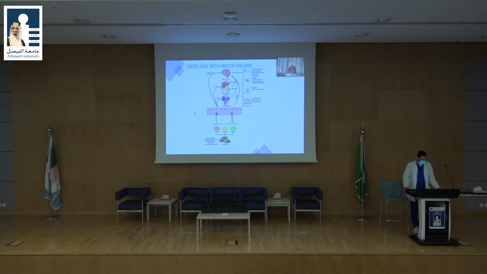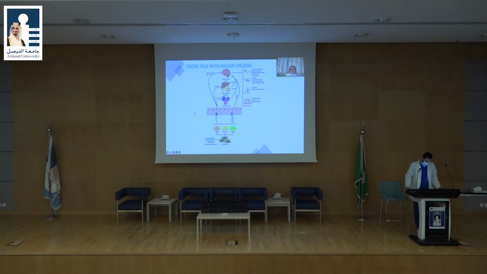The three most important organs affected by, regulated by, or interacting with the microbiome, as we said, are the lymphatic system, the metabolic system, and the neurological system.